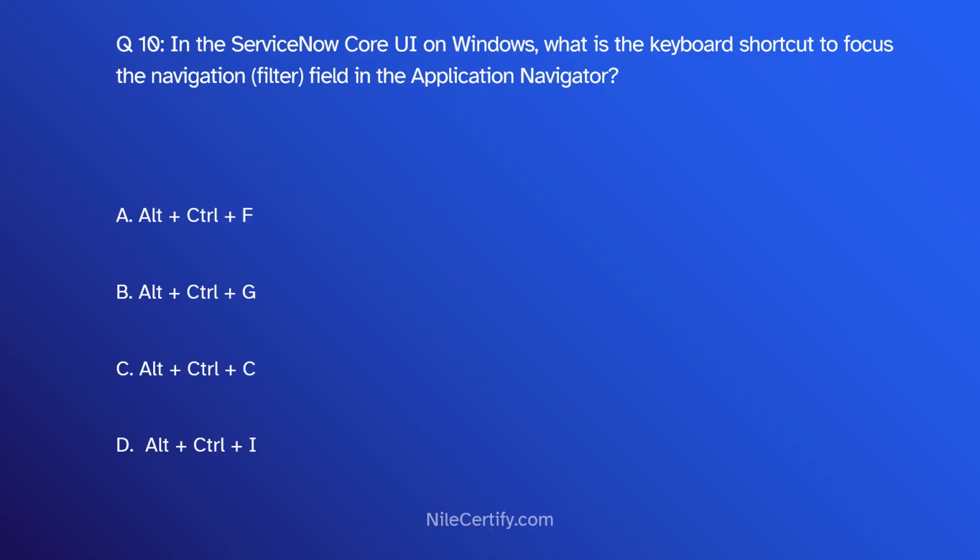Question number 10. In the ServiceNow core UI on Windows, what is the keyboard shortcut to focus the navigation filter field in the application Navigator? Option A, Alt Control plus F, B, Alt Control plus G, C, Alt Control plus C, D, Alt Control plus I. And the key phrase here is focus the navigation filter field in the application Navigator.